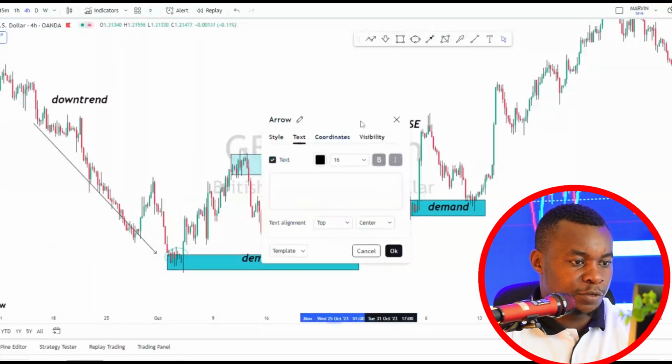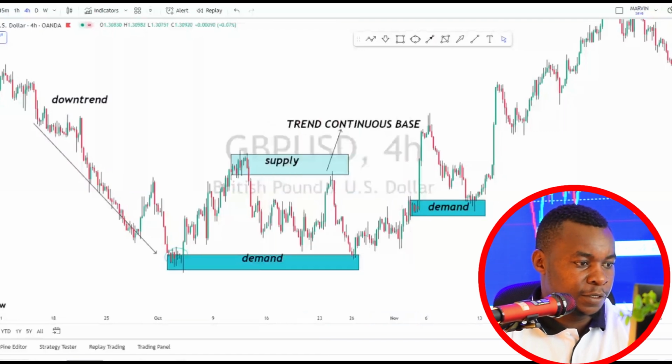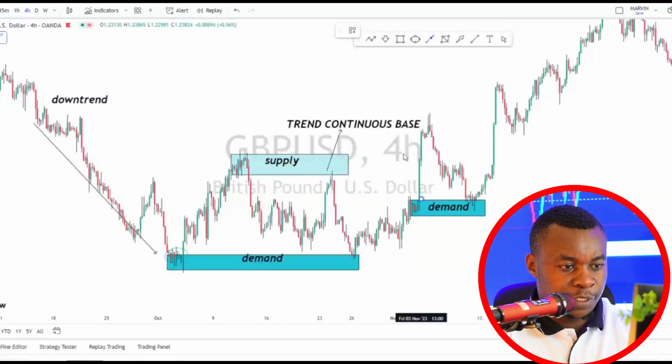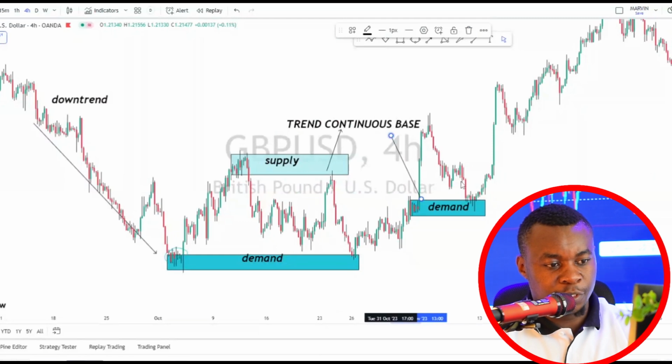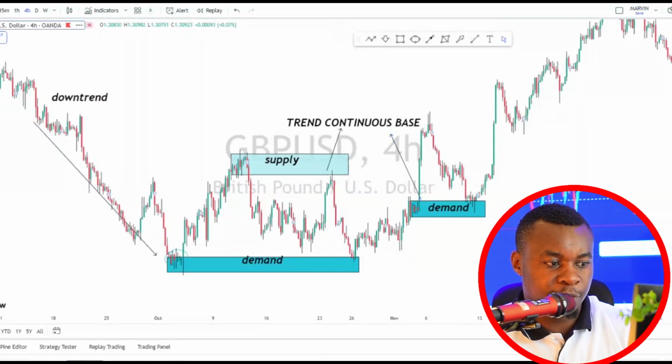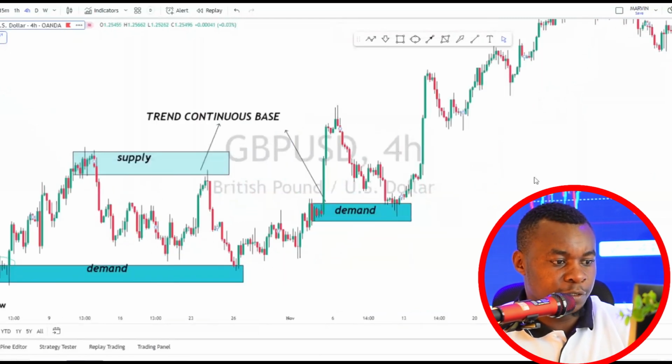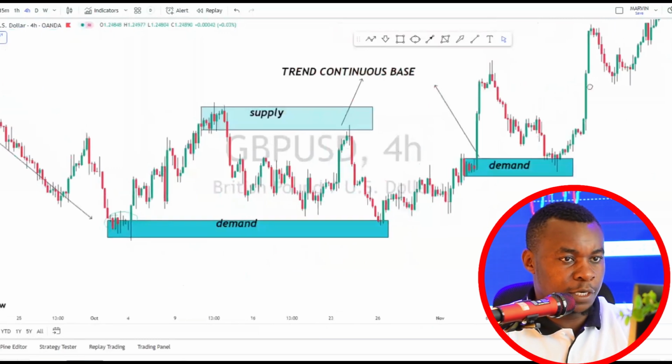It supports the continuation of this downtrend. Then this is continuous again. It supports the continuation of this uptrend that was started. I don't know if it's clear. I hope it's very clear.